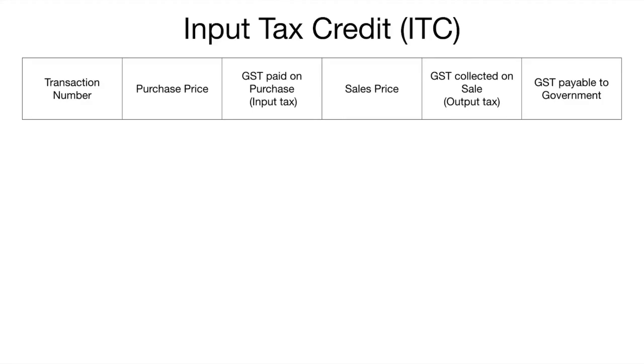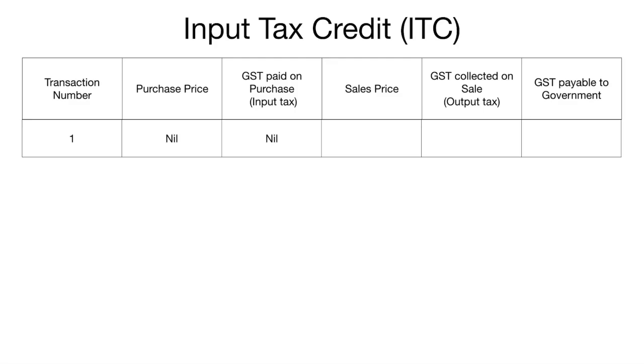We can also call it input tax, because it is on the input of goods or on purchase. Sales price. GST collected on sale. We can also call it output tax, because it is on output of goods, or we can say sales. And GST payable to government. Let us fill in the details of our example in this table.